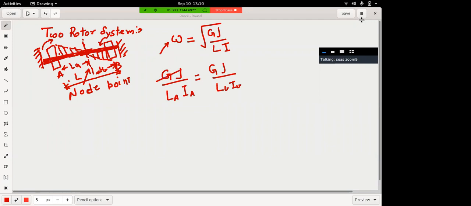And here you can just strike out GJ. You can write LAIA is equal to LBIB.